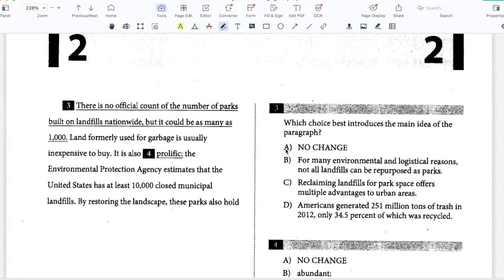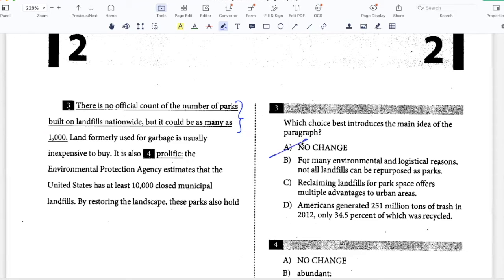The Environmental Protection Agency estimates that the US has at least 10,000 closed municipal landfills. So this paragraph gives you reasons for why it would be a good idea to build parks on landfills. So the way it's written is not a good introduction because that's just giving you an official count of the number of such parks. So it's not A.